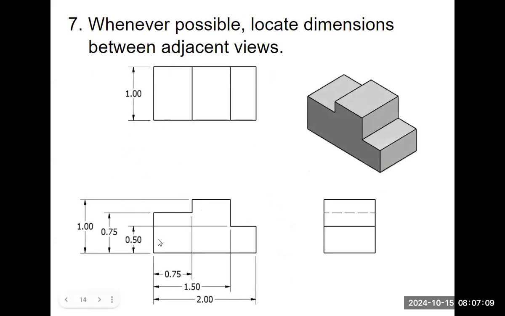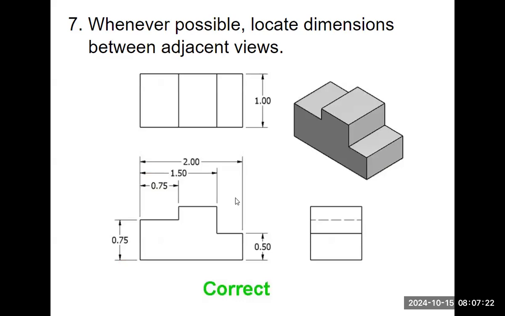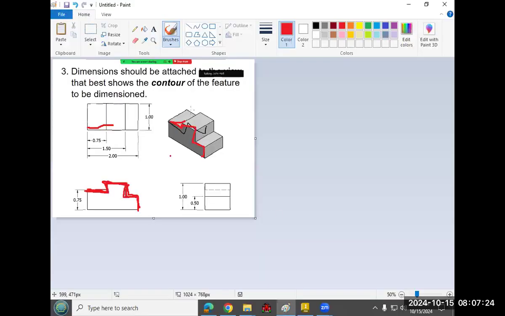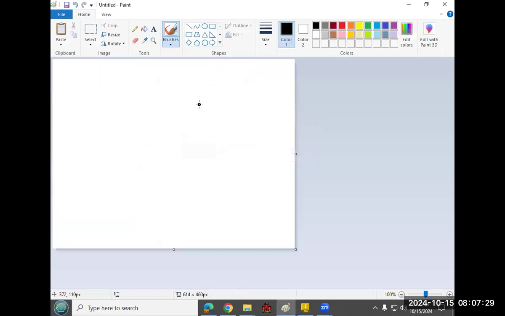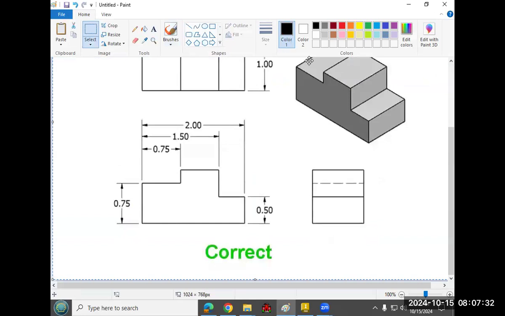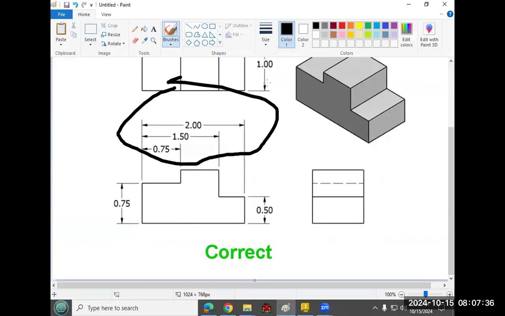So whenever possible, we want the dimensions to be between views. And the reason for that is if the dimension is between the views, like in this general area, it is a little bit closer to the top view, which is what this is dimensioning.